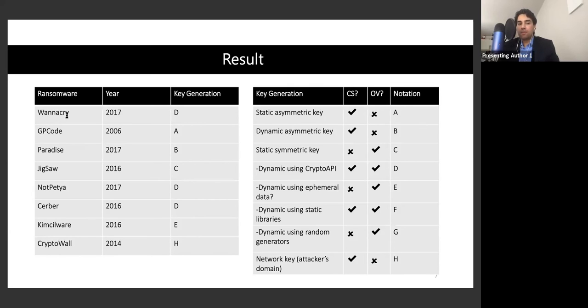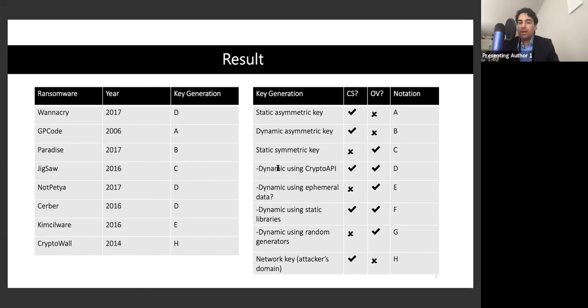WannaCry, perhaps the most infamous ransomware, uses dynamic generation using the crypto API. It's actually a little complex in its key management, in that there are two layers of asymmetric encryption and one symmetric key encryption, and for each file it uses a different symmetric key to encrypt.